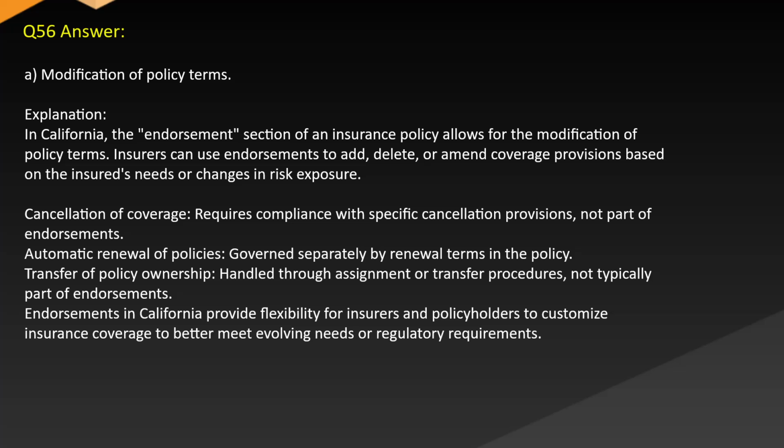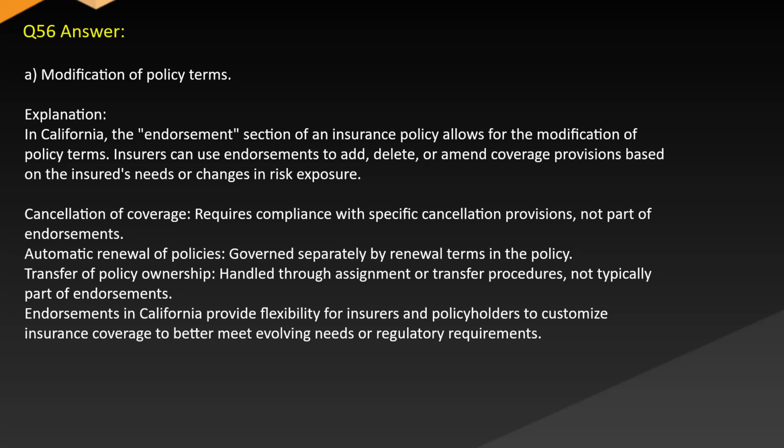Explanation: in California, the endorsement section of an insurance policy allows for the modification of policy terms. Insurers can use endorsements to add, delete, or amend coverage provisions based on the insured's needs or changes in risk exposure. Cancellation of coverage requires compliance with specific cancellation provisions, not part of endorsements.